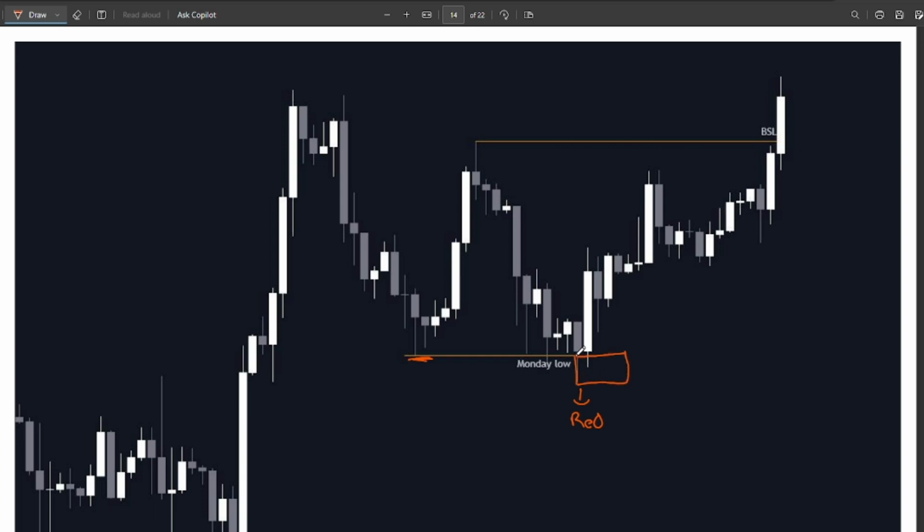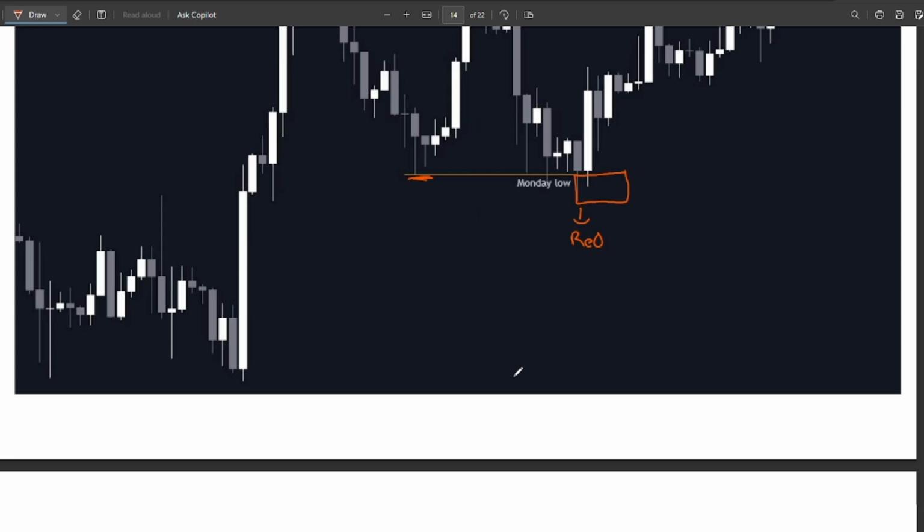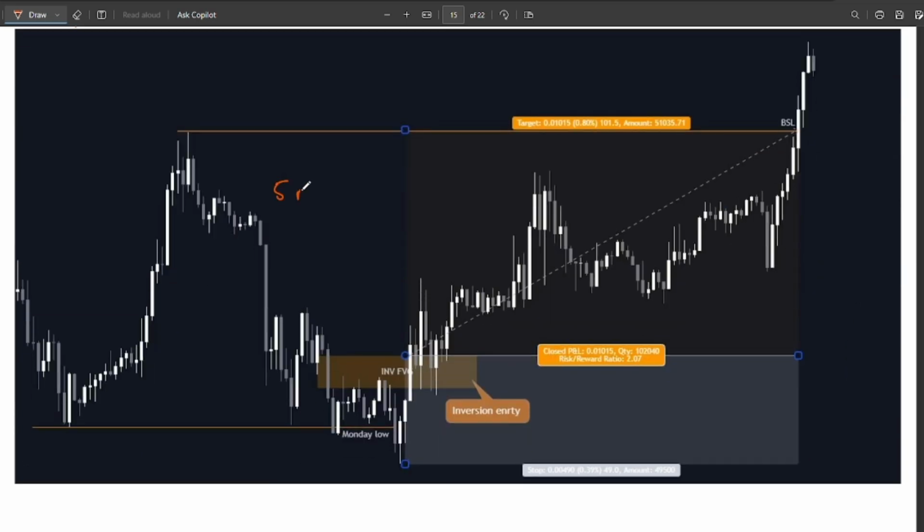But we haven't seen how we execute with the inverse fair value gap. So let's move on to the lower time frame. Here you can see this is a 5-minute chart on the Euro, and as you can see, the red folder news took out the Monday low and closed back inside, so it was a liquidity sweep. Our second step was satisfied, and since it was a red folder news, our third step was also satisfied.